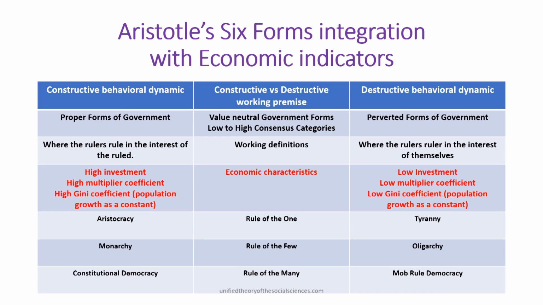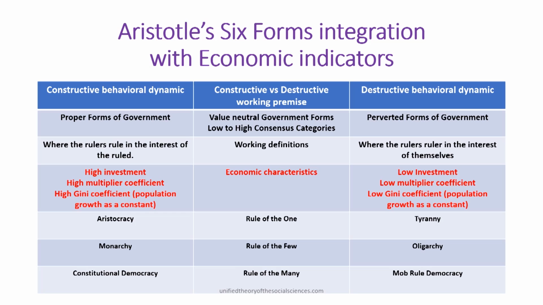Here's the constructive versus destructive behavioral dynamic premise that integrates Aristotle's six forms of government with economic indicators. In the proper forms, the working assumption is that the rulers rule in the interests of the ruled. Typically, they have high investment, high multiplier coefficient, and high Gini coefficient characteristics, and that's true of aristocracies, monarchies, and constitutional democracies.